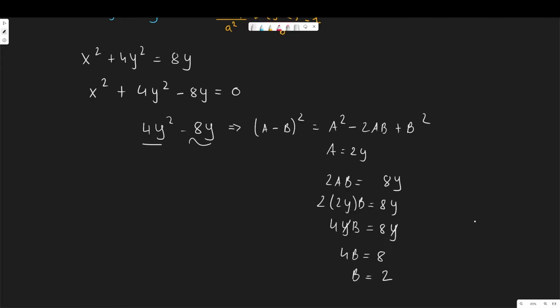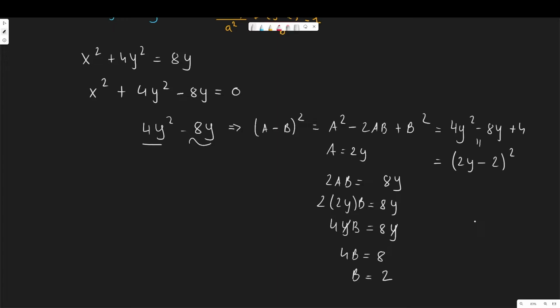Because according to our calculations, if we have 4y squared minus 8y plus b squared, with b is 2, so 2 squared is 4, we have that this is equal to a minus b squared, and we know that a is 2y, and we know that b is 2. So we have to add a 4.